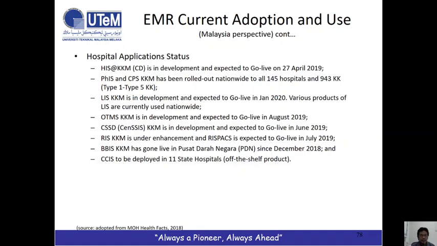OTMS KKM is in development. CSSD KKM is under development. RIS, BBIS, CCIS, a critical care information system, is to be deployed in 11 state hospitals. So these are the efforts currently done by the Malaysia Ministry of Health in public hospitals.